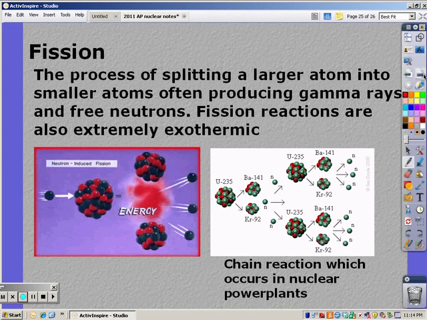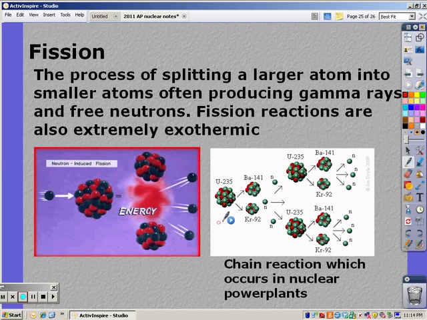Fission is the process of splitting a larger atom into smaller atoms, often producing gamma rays and free neutrons, as well as lots of energy due to them being extremely exothermic. You're going to see fission reactions in nuclear power plants, as well as atomic bombs. So a neutron hits a nucleus, so it induces fission.